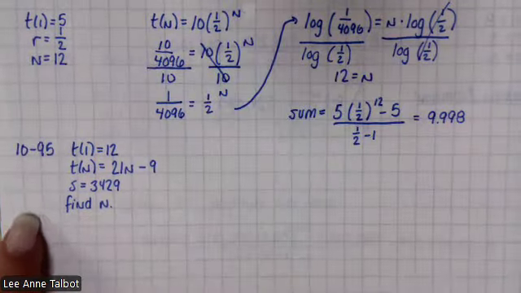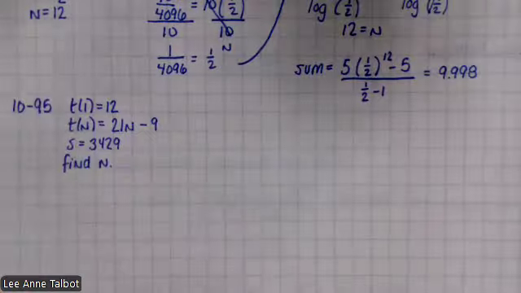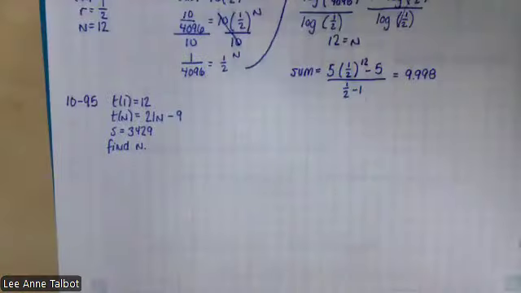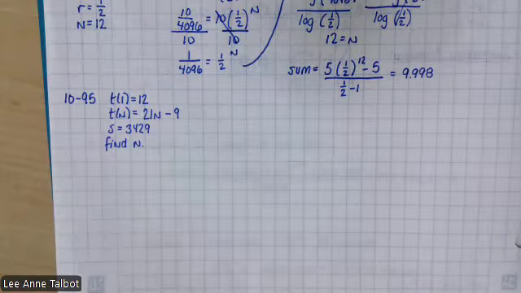Okay, last problem, number 95. And this is the one that is like number 12, 13, and 14 on your quiz review.